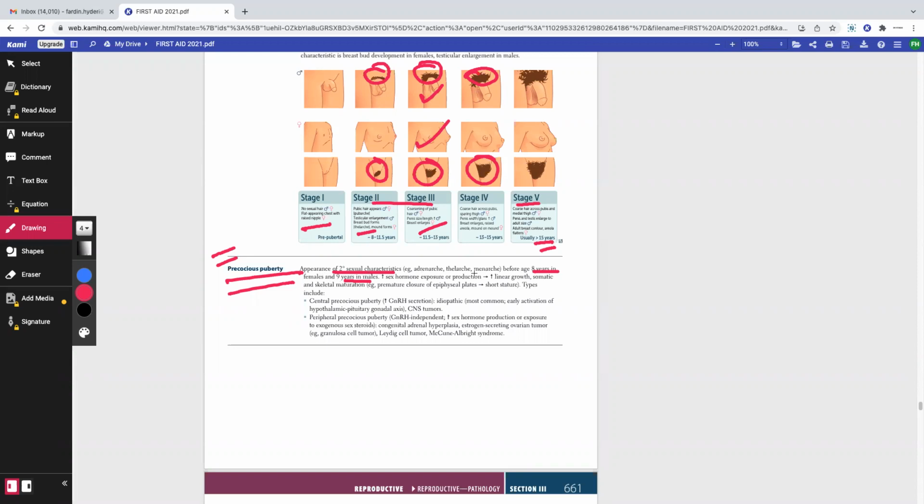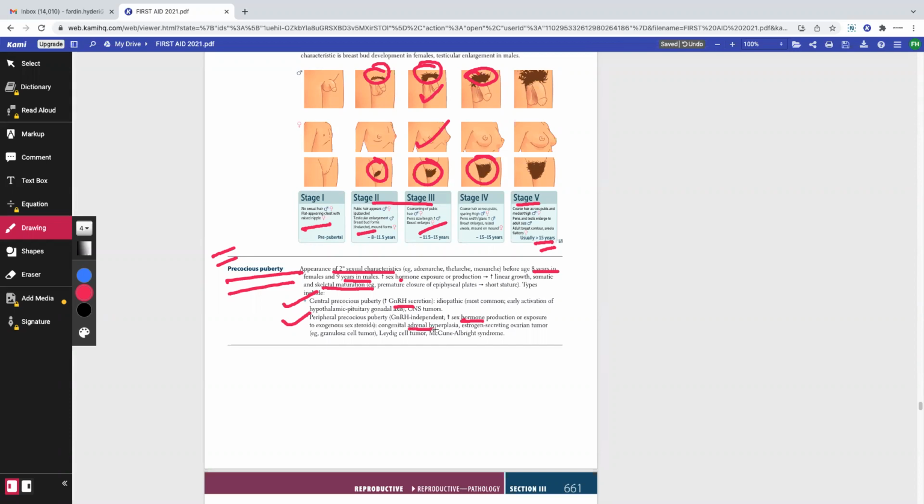So appearance of secondary sexual characteristics before age 8 years, increase in sex hormone exposure or production will cause linear growth, somatic and skeletal maturation. And there could be 2 types, central or peripheral. Central means that there's excessive secretion of GnRH, and peripheral means that there's increasing secretion of the sex hormones without the influence of GnRH, as simple as that.